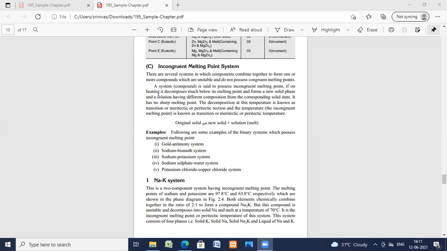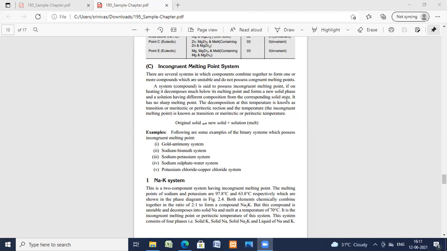A compound is said to possess incongruent melting point if on heating it decomposes, showing instability below its melting point, and forms a new solid phase and solution having different composition from the corresponding solid.